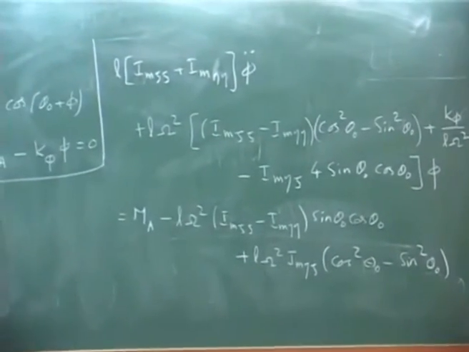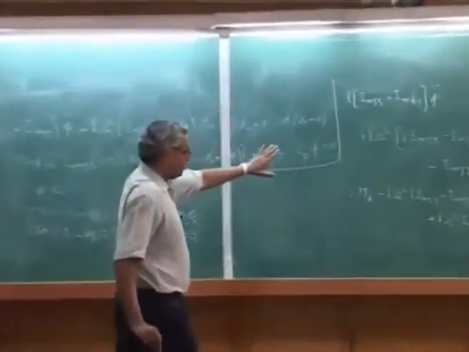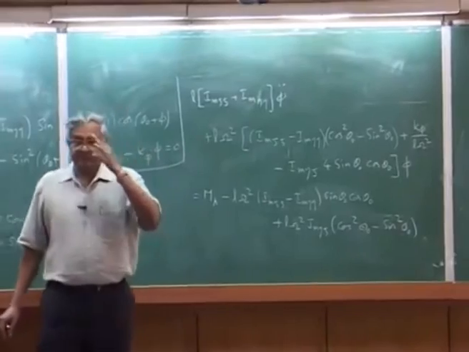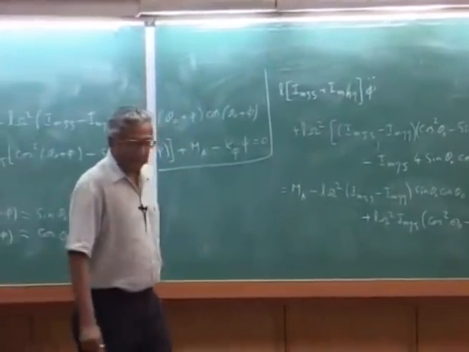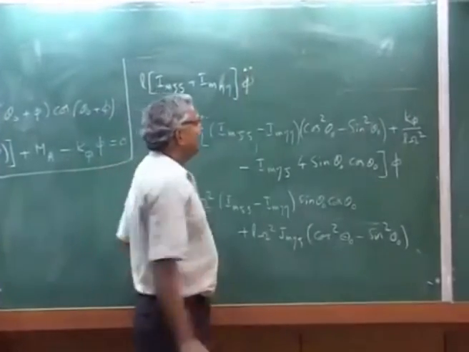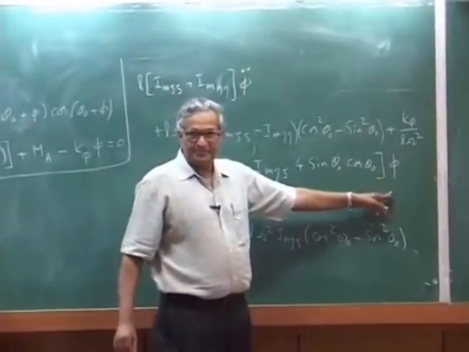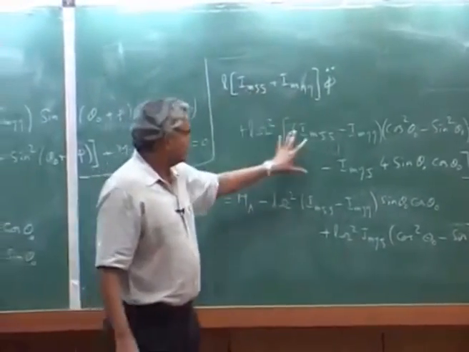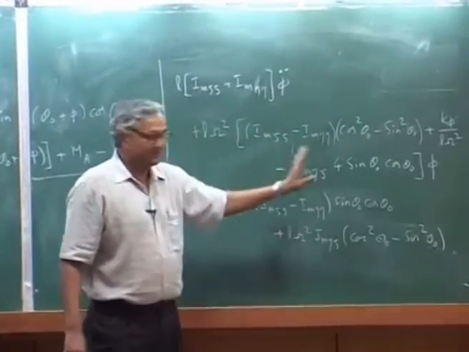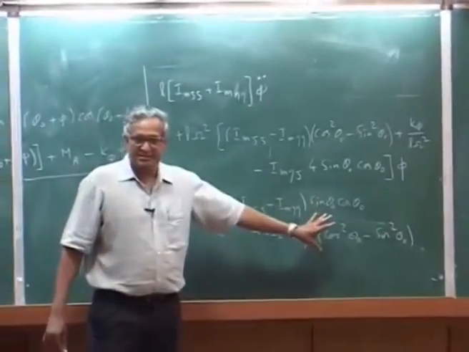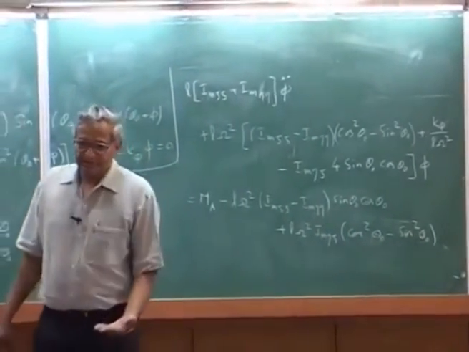You see now, this is my equation. It is a linear differential equation because there is a phi double dot and there is a phi. So this is like m x double dot plus some k x equals some external loading.